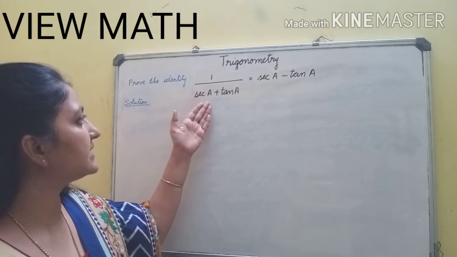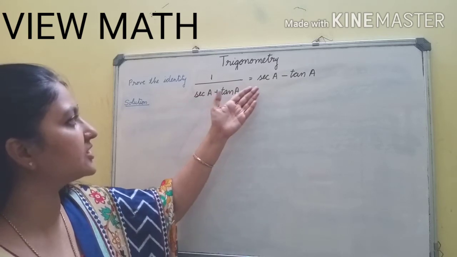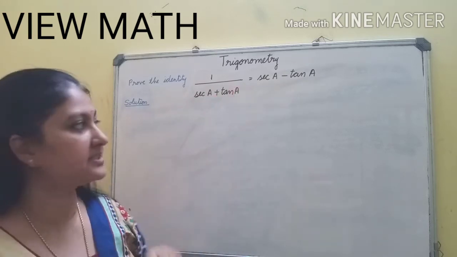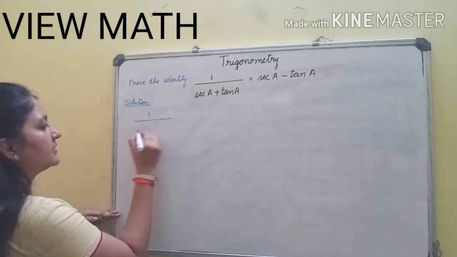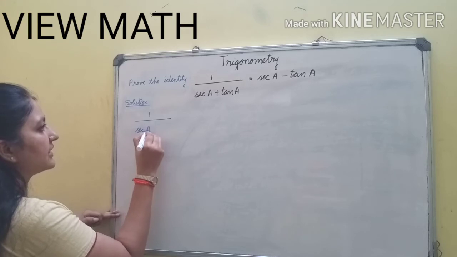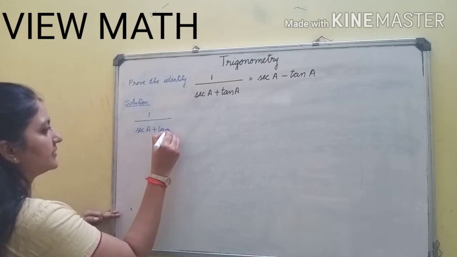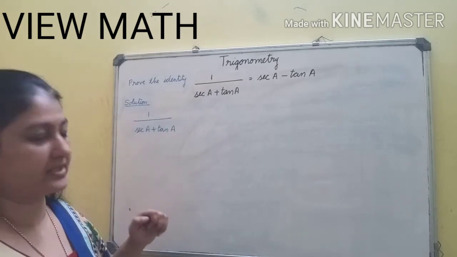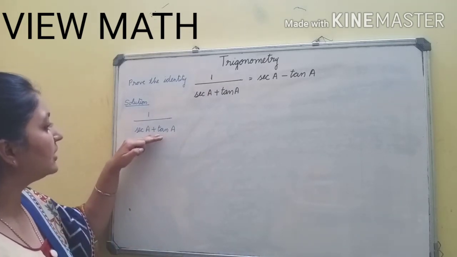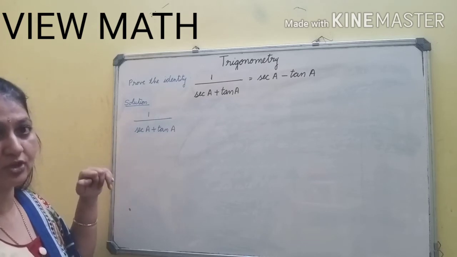1 by secant A plus tan A is equal to secant A minus tan A. Now let me consider the left hand side. 1 by secant A plus tan A. Now how to prove the right hand side? What we have to do is multiply and divide by its conjugate.